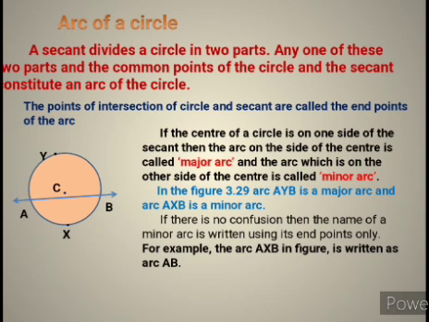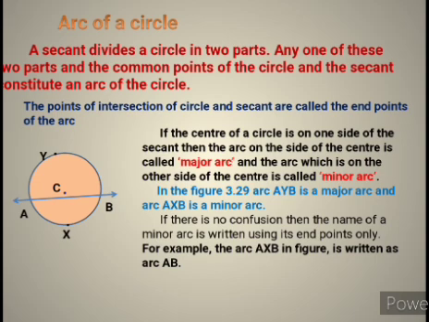Here C, the center of the circle, is on the side of Y of the secant AB, so that is the major arc. And in AXB there is no center of the circle, therefore this AXB is called a minor arc.